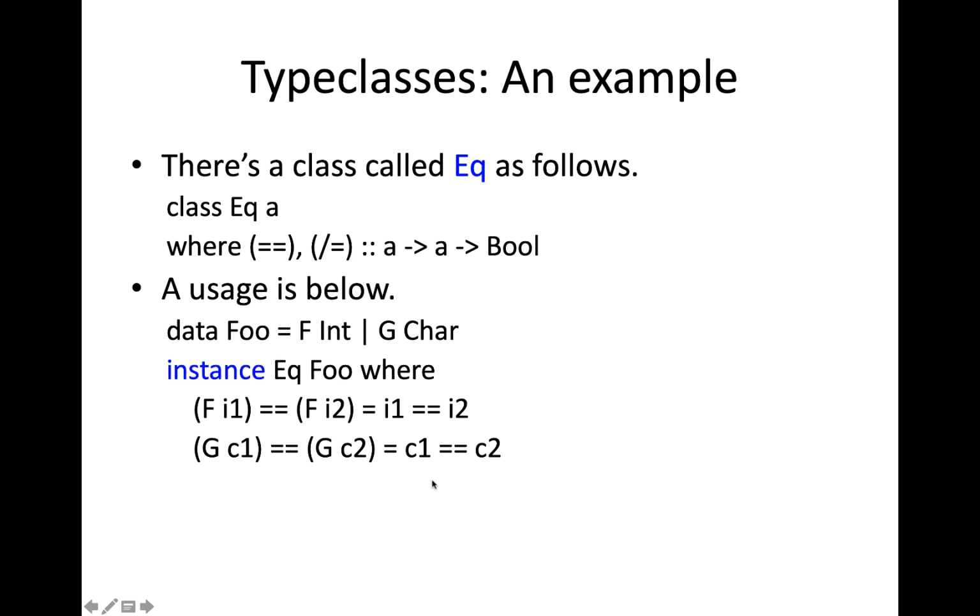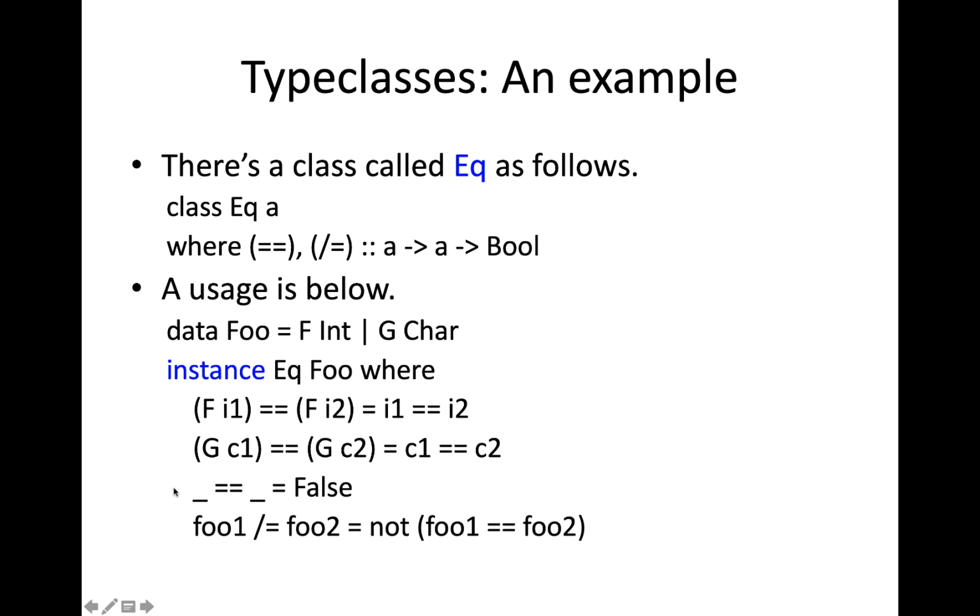And in any other cases, we call them not equal. That means equal is false. And here is a shortcut way of defining not equal. So one foo object is not equal to another foo object if this equality fails, right? That is the shortcut way of defining not equal.